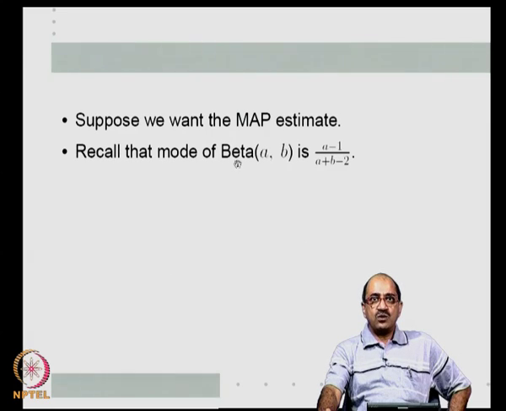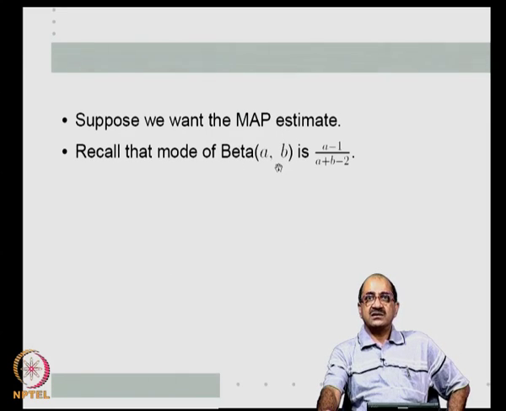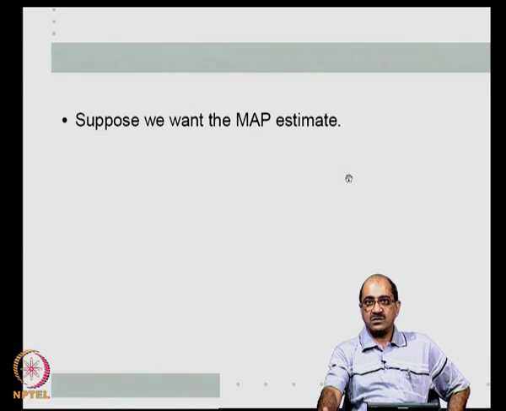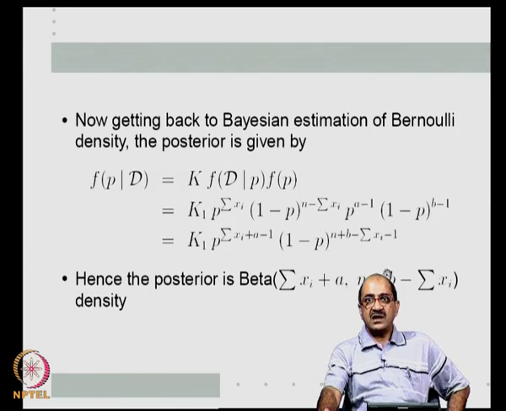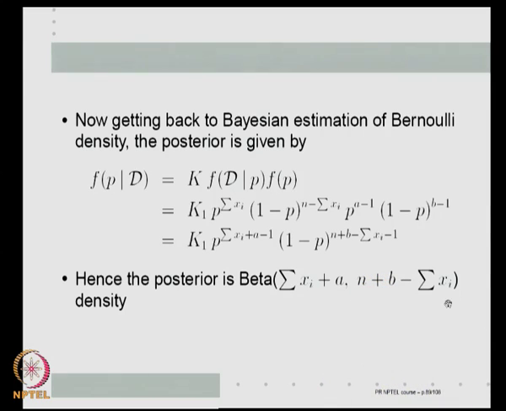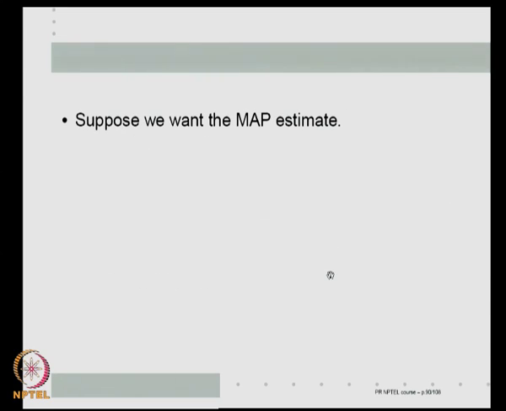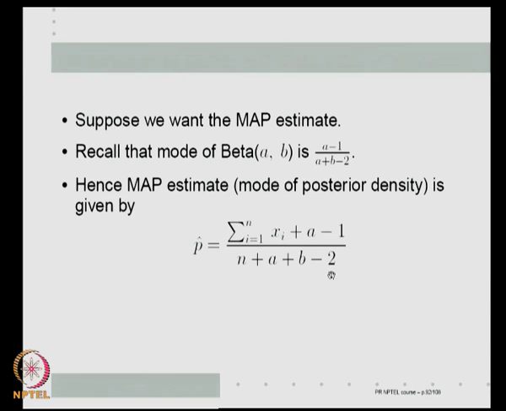So, just now we showed that for a beta posterior density with parameters a and b, the mode is (a minus 1) by (a plus b minus 2). Here are my parameters, summation x_i plus a and n plus b minus summation x_i, where remember n is the number of samples we have. So, my MAP estimate will be summation x_i plus a minus 1.